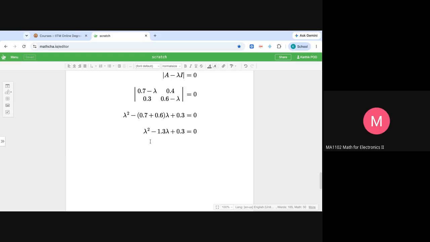The decimal point makes it a little bit hard to factorize. Alternatively, let's see if this will work. This won't work, right? 1.3 will come, but then okay, this seems to work. So lambda square minus 1.3 lambda plus 0.3.